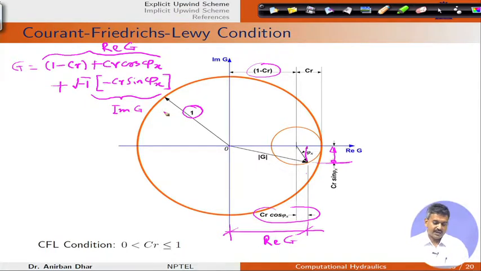We can say that if the CR value is within 0 to 1, this condition will be satisfied. That means this circle will be within this bigger circle. So, our stability criterion will be satisfied.